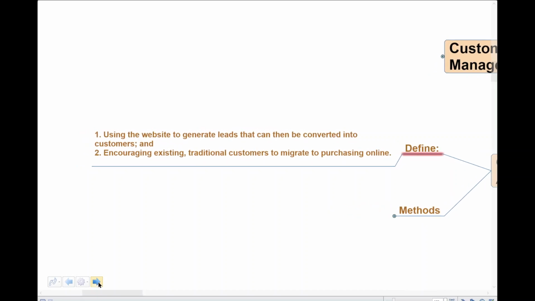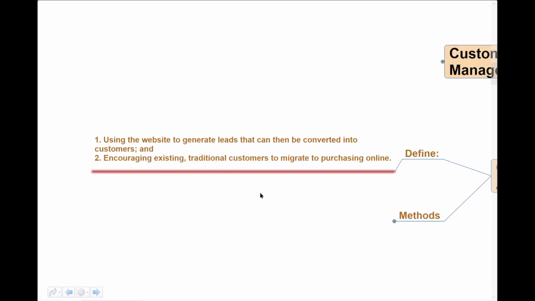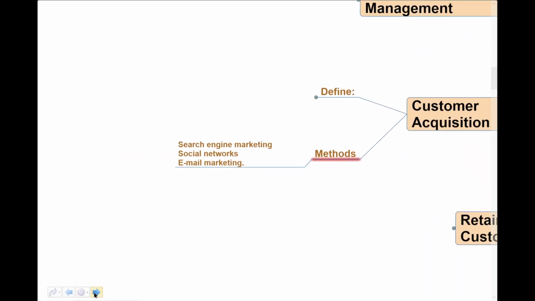First things first, we simply mean using your website to generate leads. And indeed, outside of that, maybe encouraging people that haven't used the internet before to purchase via e-commerce. In terms of methods in this particular area, obviously SEO, search engine, social media, social networks, and indeed email marketing, as we saw at the beginning of this mind map.